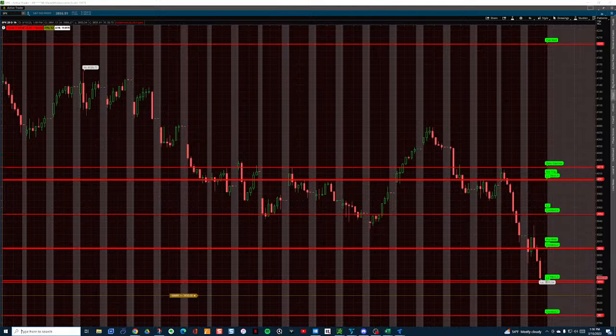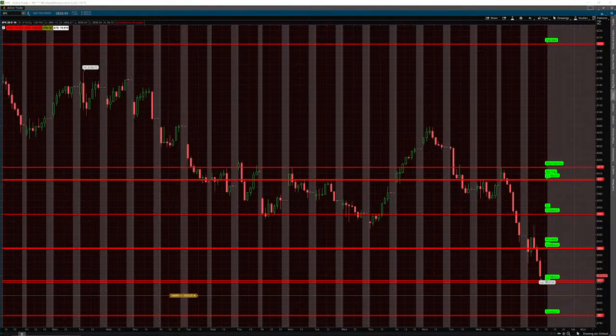So the levels that are in play, earlier today, the put wall.